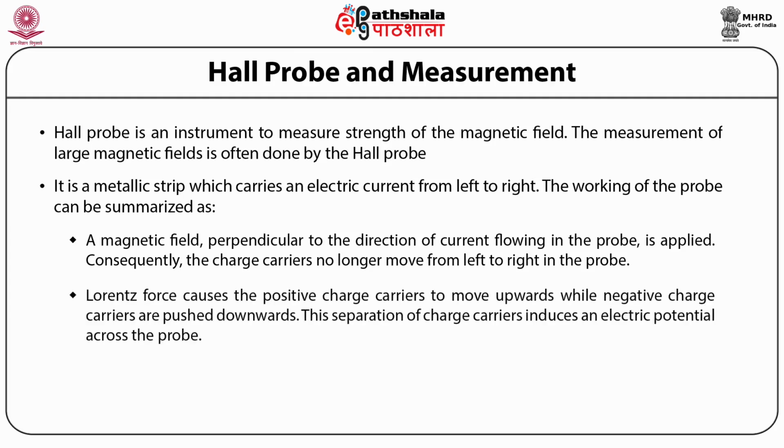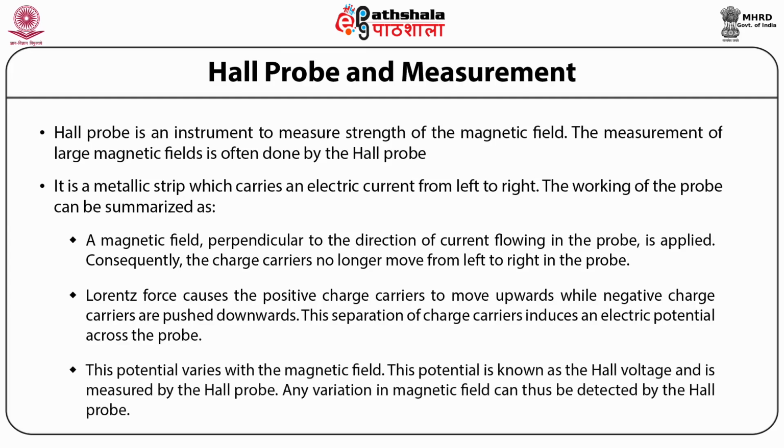Second, the Lorentz force causes positive charge carriers to move upwards, while negative charge carriers are pushed downwards. This separation of charge carriers induces an electric potential across the probe. And finally, third, this potential varies with the magnetic field. This potential is known as the Hall voltage and is measured by the Hall probe.